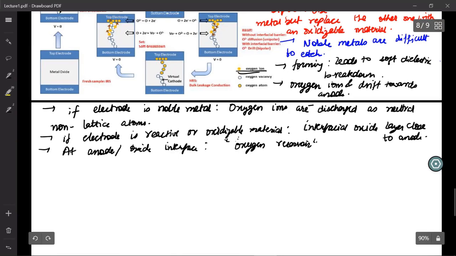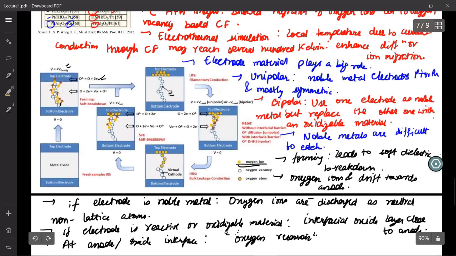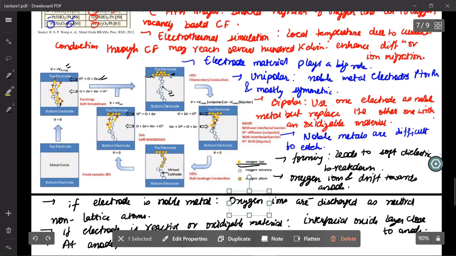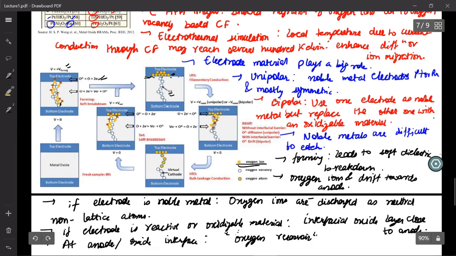Immediately after this forming process, your oxygen atoms move towards your top electrode, and if it is a noble element, they are discharged as neutral non-lattice oxygen atoms. If they are reactive, then there is an interfacial oxide layer close to the anode. However, in both cases, you have an oxygen atom reservoir close to the anode surface itself.